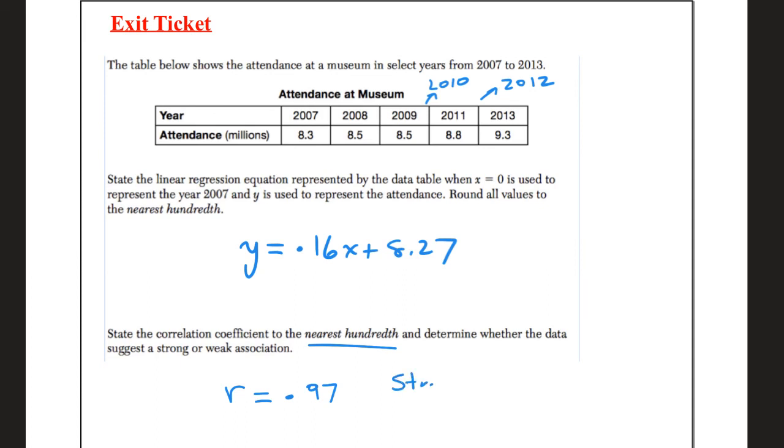So this would be a strong, positive correlation between the two variables here, which are year and attendance. It doesn't say in context here, but it can't hurt just to mention what the two variables are. If it does say in context, you want to make sure that you're referencing what you're comparing, or what you're saying there's a strong relationship between.